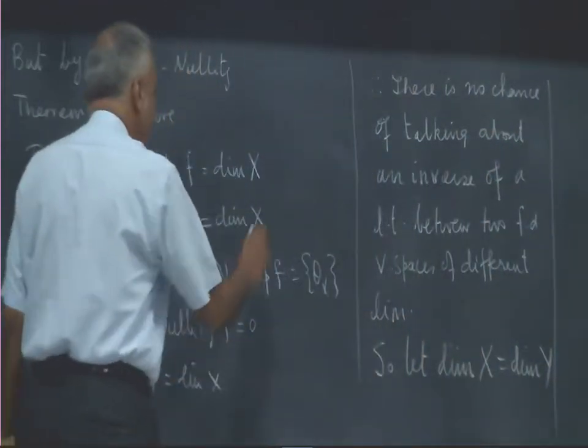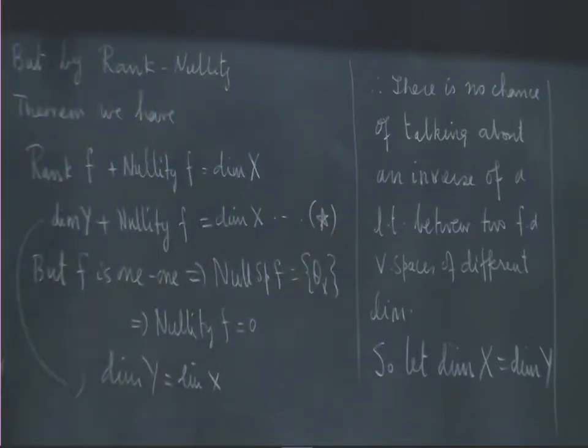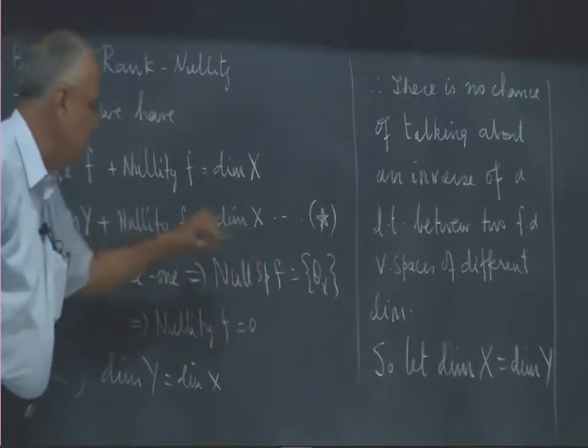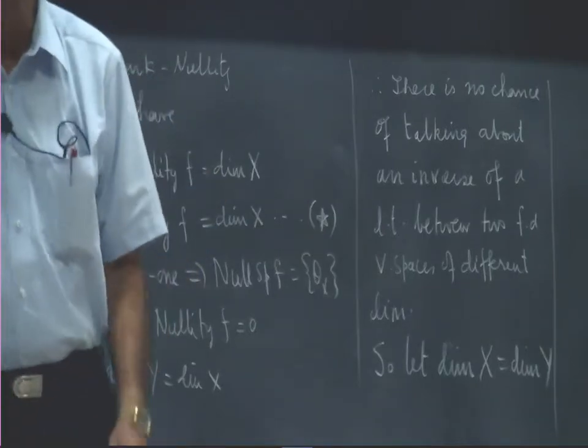Then what do I get from here? Onto always means this, but then if the dimension of X is equal to the dimension of Y, that says nullity of F is 0. So onto implies 1-1 automatically.